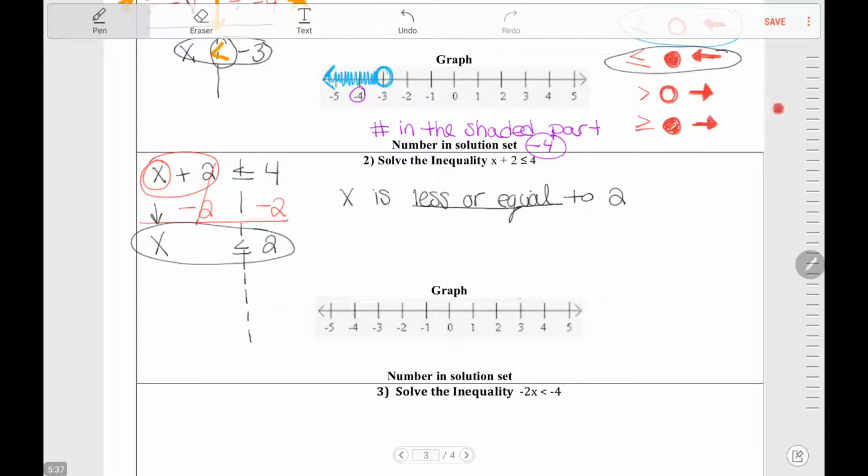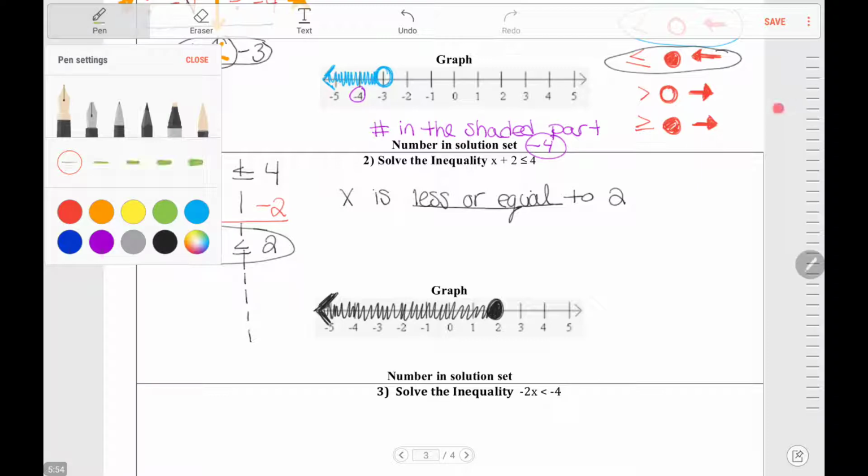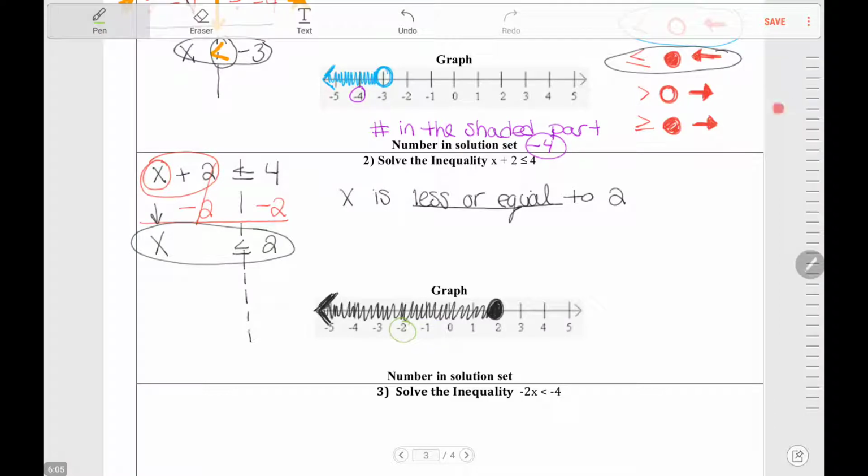So that means at 2, I'm going to put a closed circle. But it's still less, so I'm going to shade to the left. Okay, so now I'm going to pick a number in my solution set. And a number in my solution set is just any number in the shaded, like we set up before. So I'm going to pick a random number in the shaded. You pick one too. So I picked -2. -2 is in the shaded.